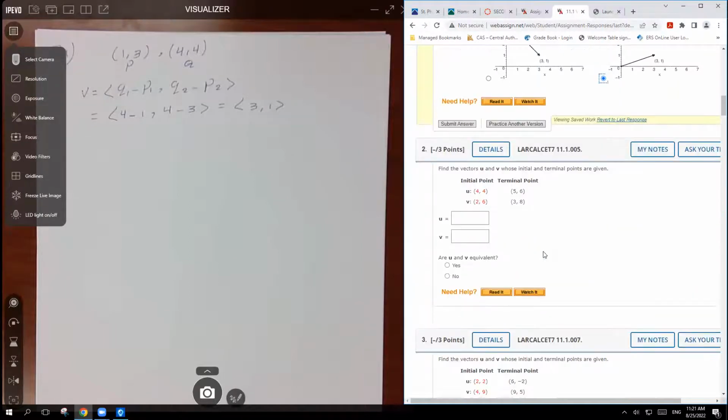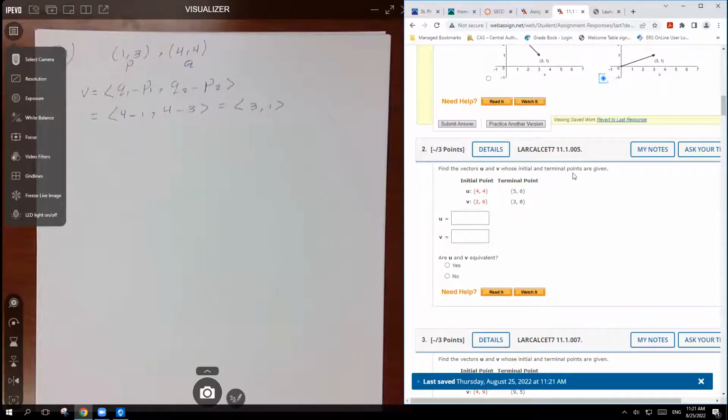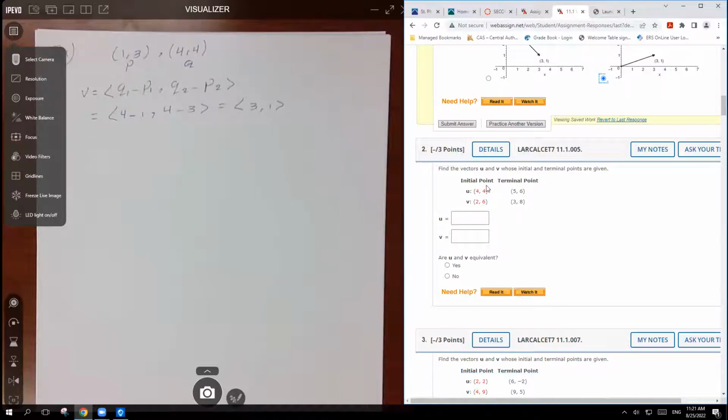Let's go to the second one. We have 2 vectors. Find the vectors U and V whose initial point and terminal point are given. Here's the initial point and here's the terminal point. That means we have 2 vectors, and they're asking, are U and V equivalent? What do you think? You can't tell. You have 2 options.